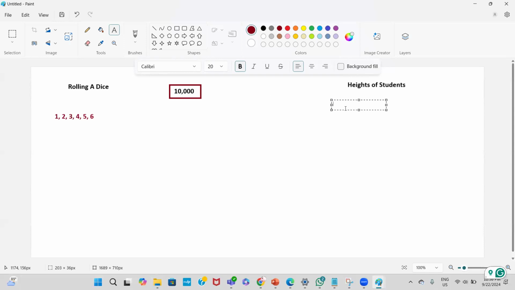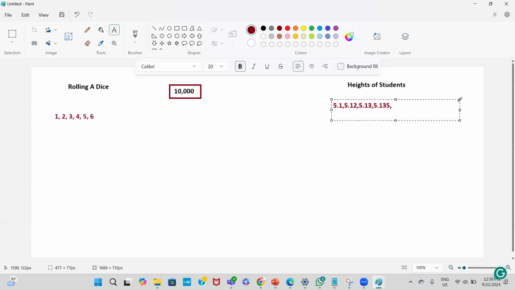Will that be a finite set or an infinite set? Infinite set. So let's take this example. I'll just take some random values: 5.1 can be a height, 5.12 can be a height, 5.13, 5.135. It actually looks like this, right?